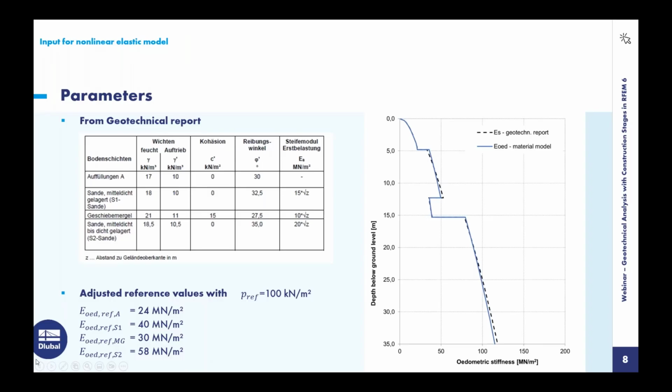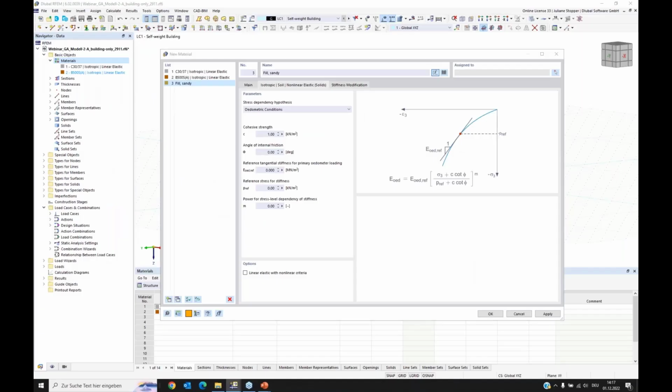I will fill in 30 degrees. And we have the oedometric reference stiffness of 24 for this layer. And as I said, I use 100 for the reference stress, and 0.5 for the power. I apply this and I can see here that it is defined.